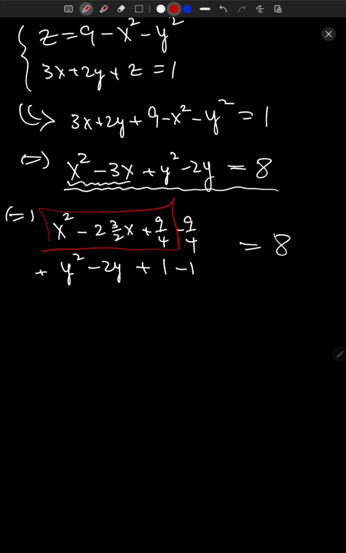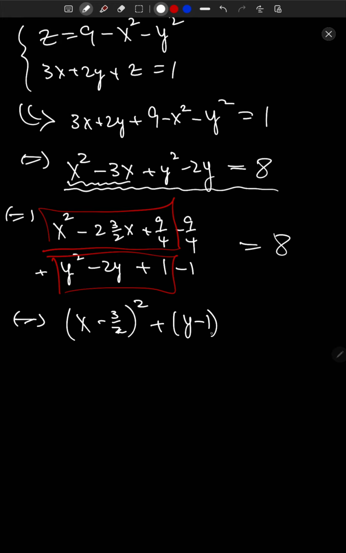These three go together. These three go together. And we end up with x minus 3 over 2, which was the point of completing the square, squared, plus y minus 1, whole thing squared, equals 8 plus 9 over 4 plus 1. Okay, so that's equal to 9 plus 9 over 4, which is 45 over 4.